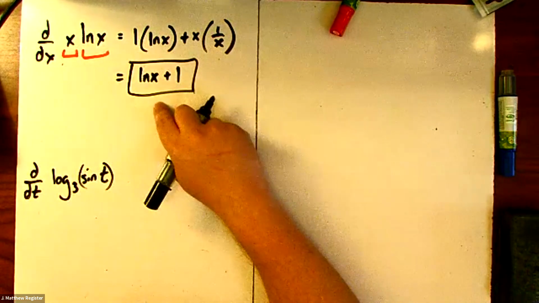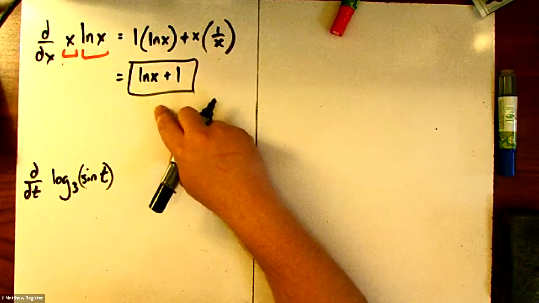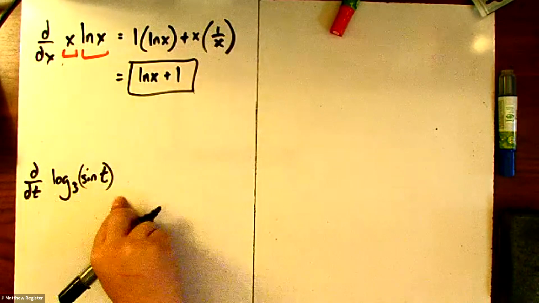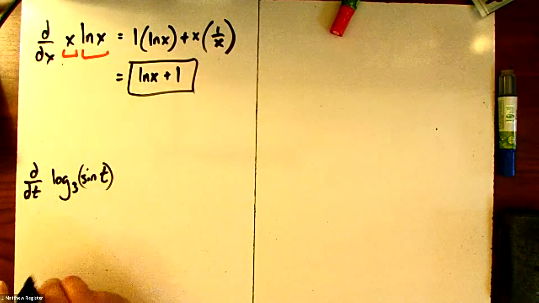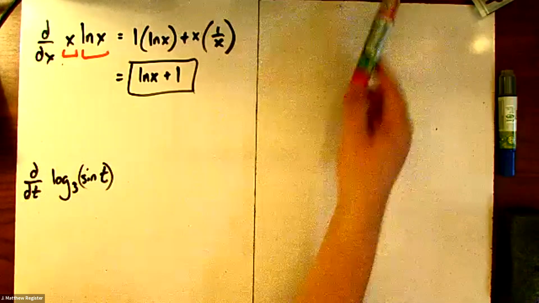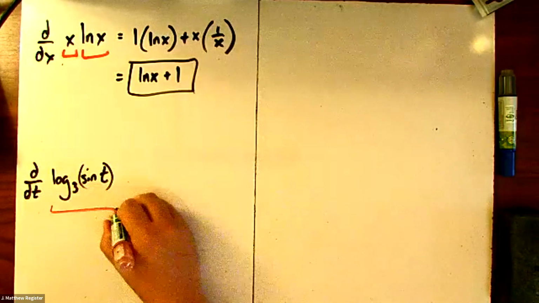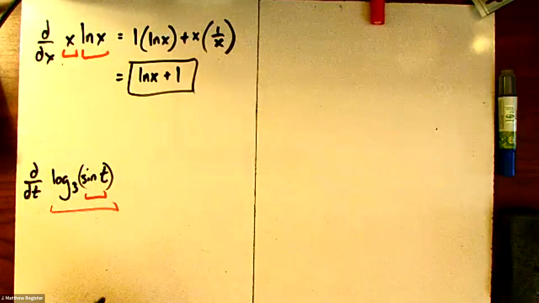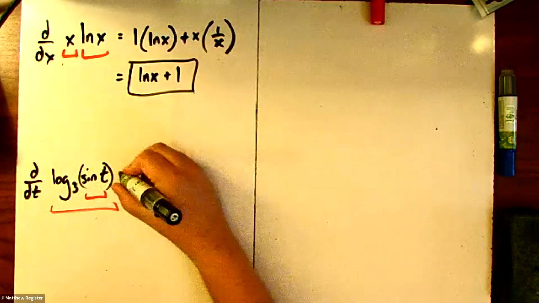You can actually use this later on to do the antiderivative of natural log, but we'll save that for another day. For this one, log base 3 of sine of t, notice that this is a chain. This is the composition of two functions. So we start with the derivative of log base 3 of stuff.